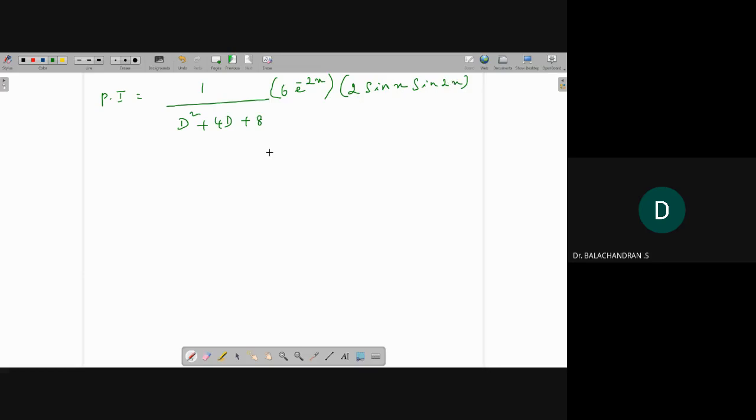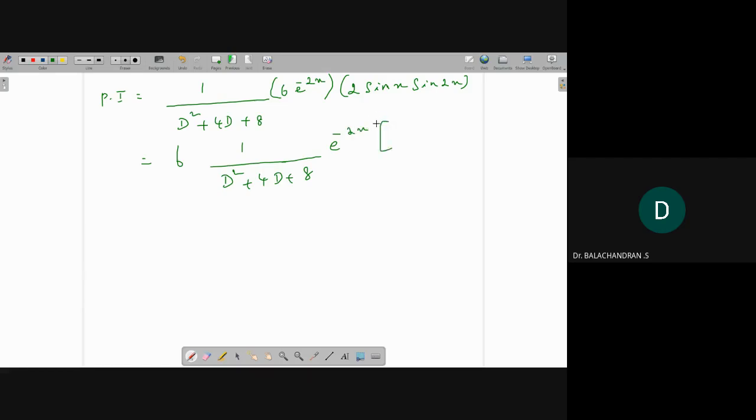So first you can write, 6 is constant. That's why I'll write here 1 by d square plus 4d plus 8, and then e power minus 2x.